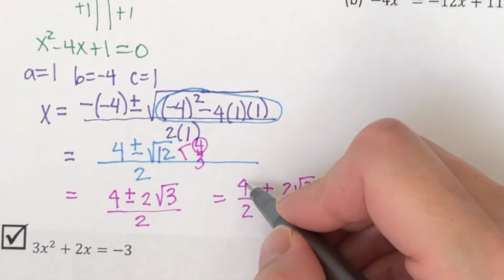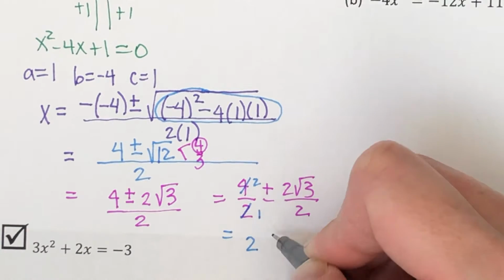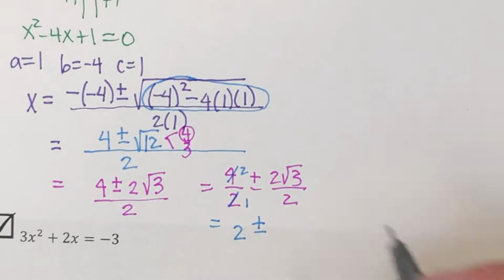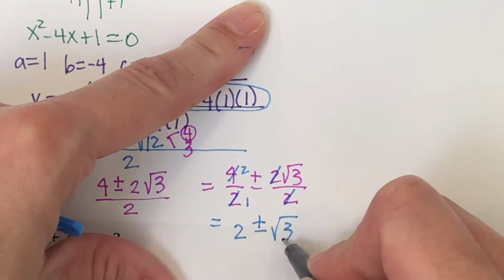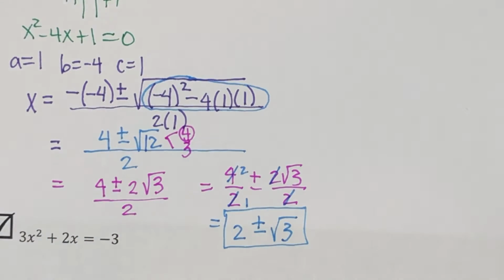So 4 divided by 2 is 2 plus or minus. And then over here on the right, 2 divided by 2 goes away and just leaves you square root of 3. So your 2 answers: one of them is 2 plus square root of 3, one of them is 2 minus square root of 3.